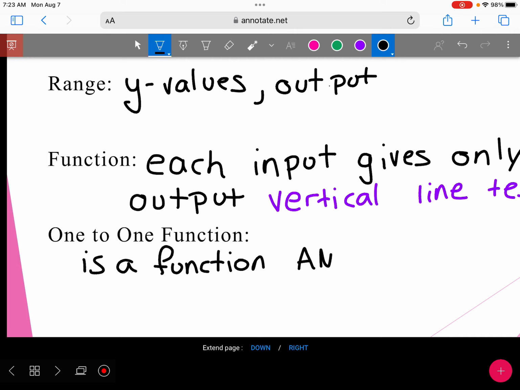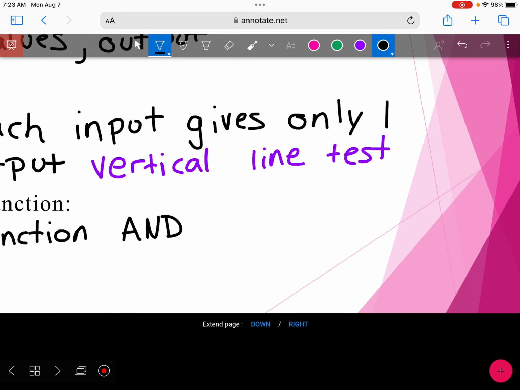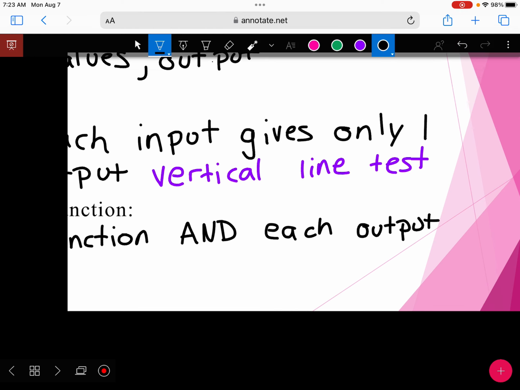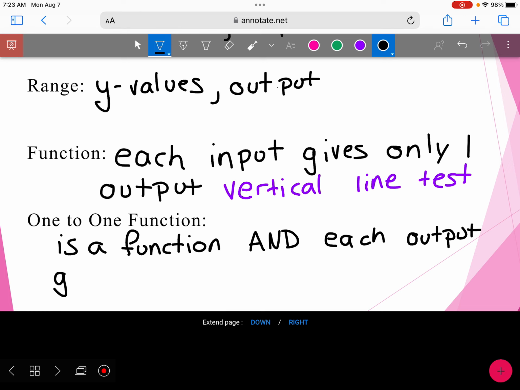And each output gives only one input. So I'm only going to have one y value of 2.